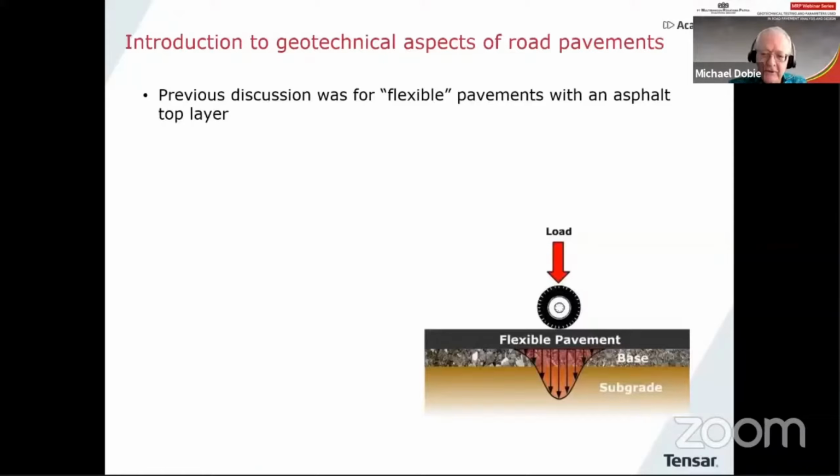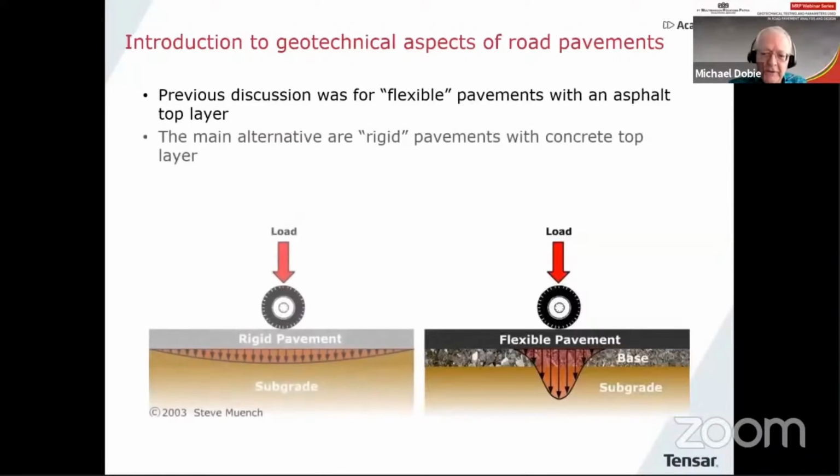But there is a typical flexible pavement carrying a wheel load, and here is a rigid pavement. Now, the rigid pavement has a concrete surfacing rather than asphalt. And one of the big differences there is the way load is spread through that upper layer. So asphalt is much more flexible, so that the stresses directly underneath are going to be much higher beneath the wheel.